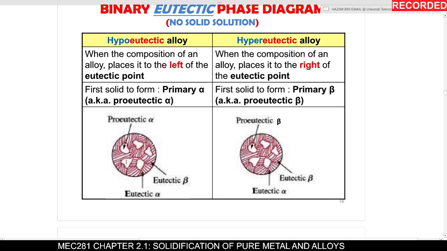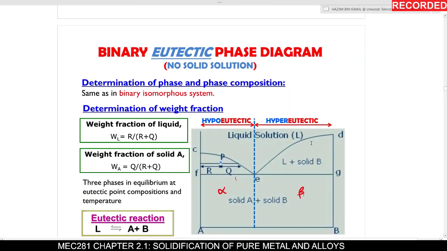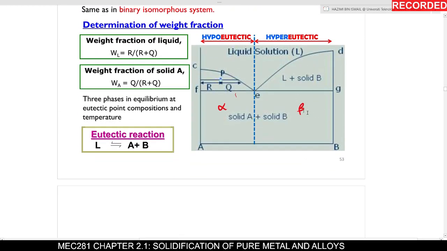On the left side, we know it is the alpha region, primary alpha. The white region here is alpha, and beta is minor here. It is opposite when we look at the hypereutectic alloy on the right side, where beta is more dominant.